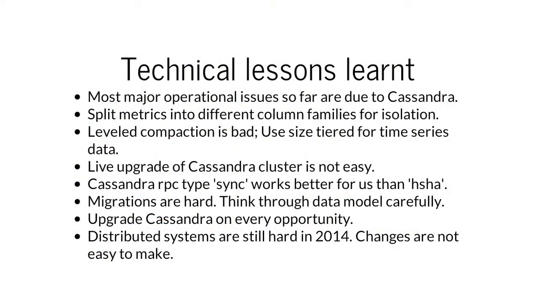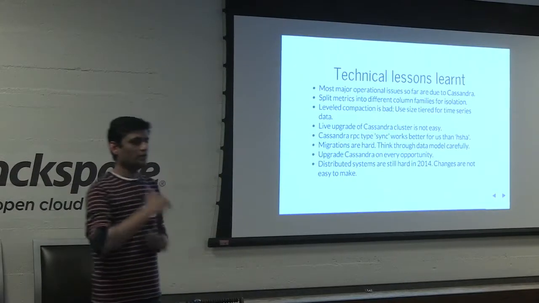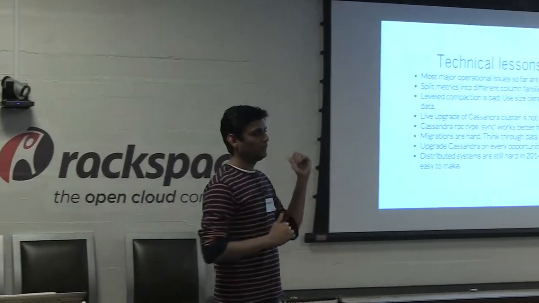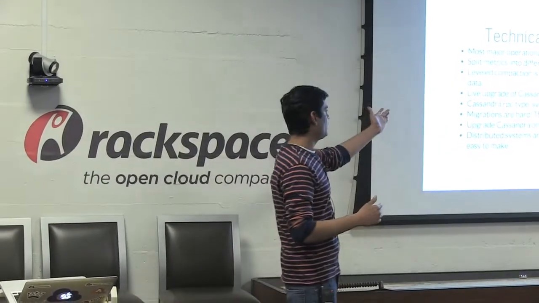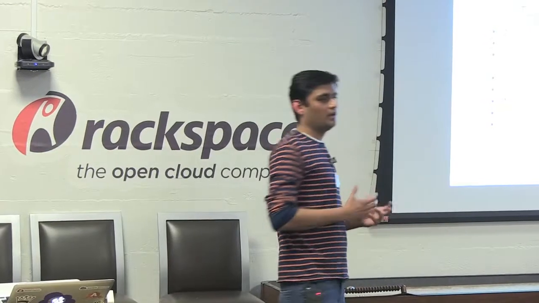In terms of technical lessons learned, most of the major operational issues we have seen have been due to Cassandra itself or our lack of understanding of some details of Cassandra. When we built this, we built it so that we have different column families for different granularities. So if you want to try out, for example, leveled compaction versus size-tiered compaction, you could selectively do it on a single column family, and you will just impact that column family.